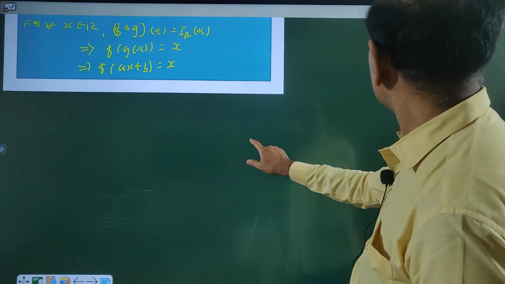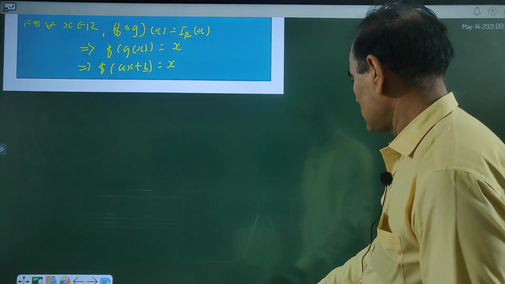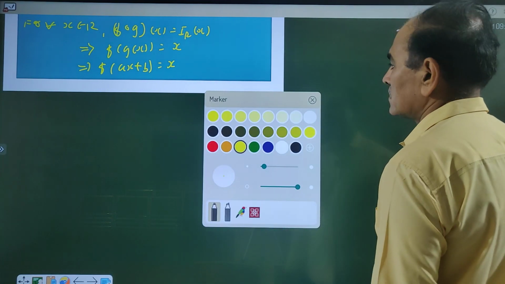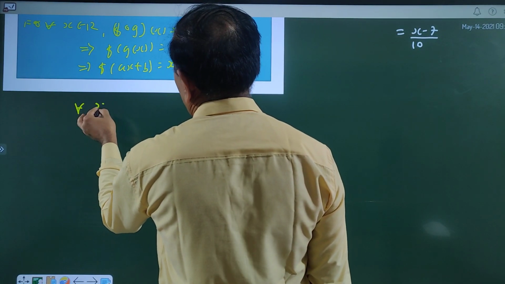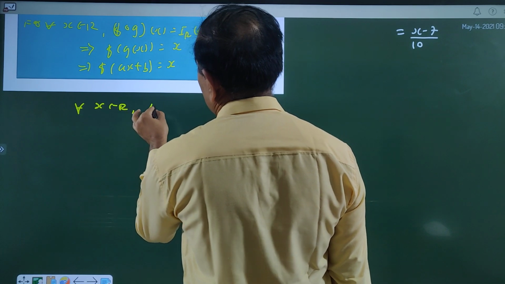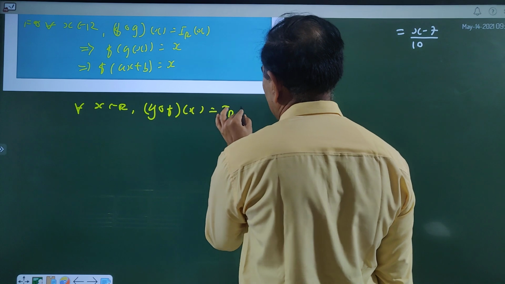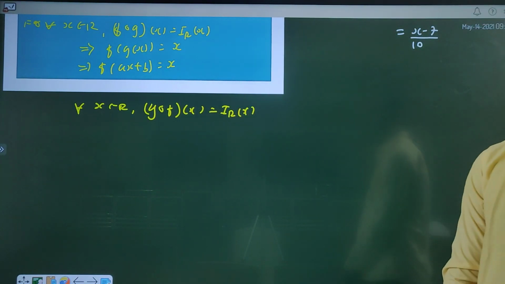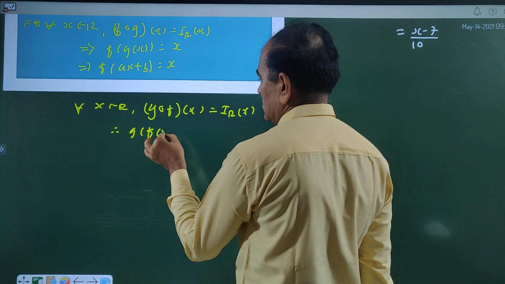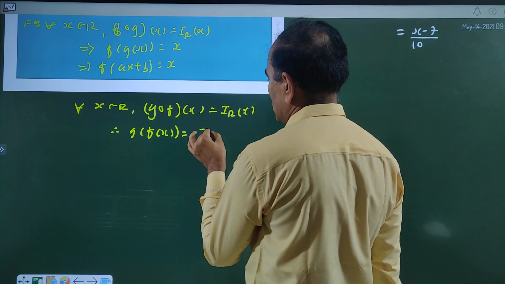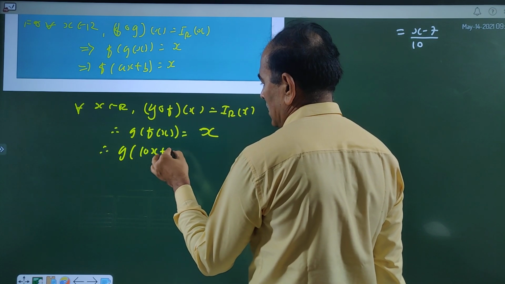Now let us see the next part. For all x belongs to R, g of f at x is equal to the identity function at x. So it is g of f of x, equal to x. What is f(x)? 10x plus 7.